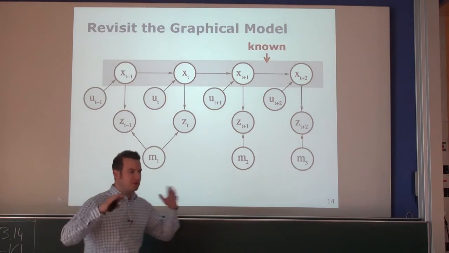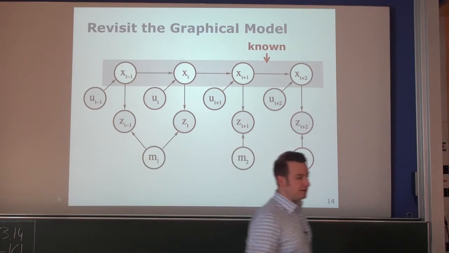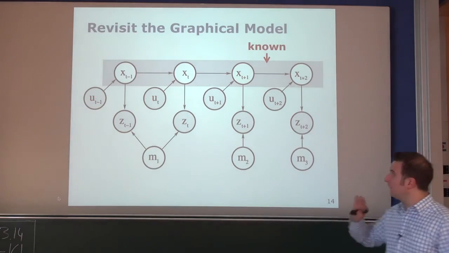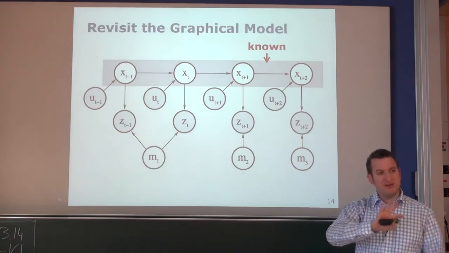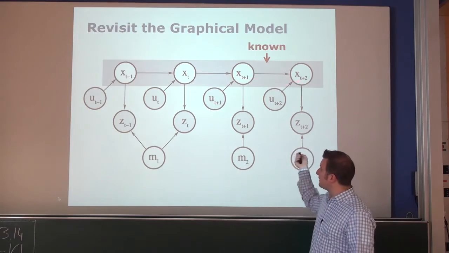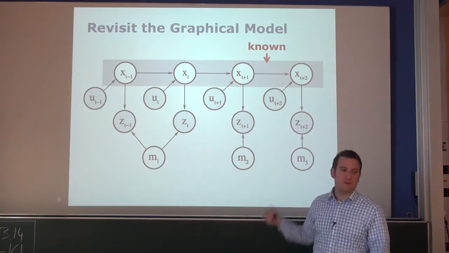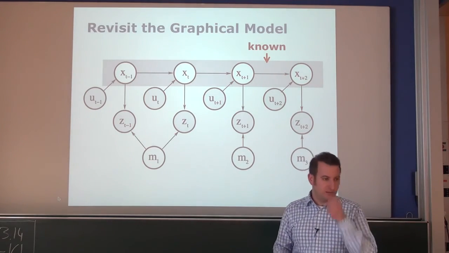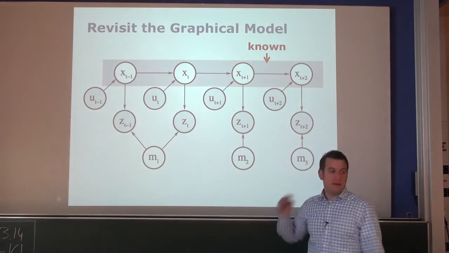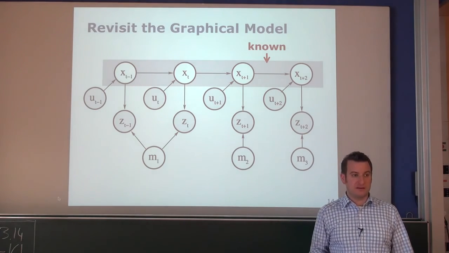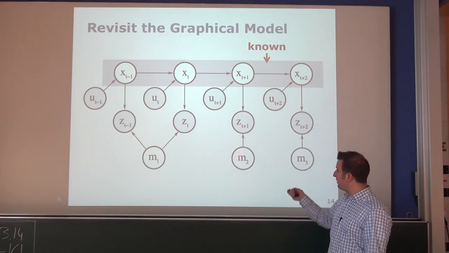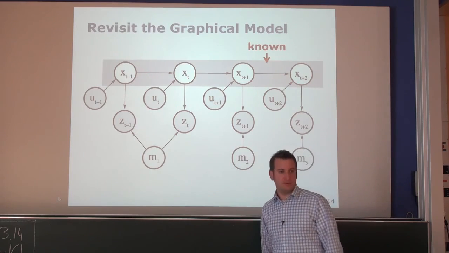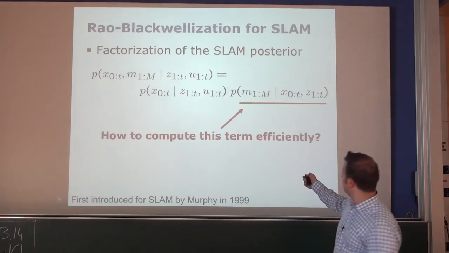It's not the official formal definition of independence in graphical models, but for now I would like to stick with this simplified form. If all paths from one variable to another are blocked by a known quantity, then these variables are independent given these known quantities. This is exactly the case here. So there's no path from one landmark to another landmark given I know the poses.